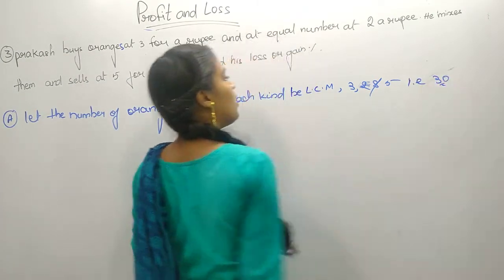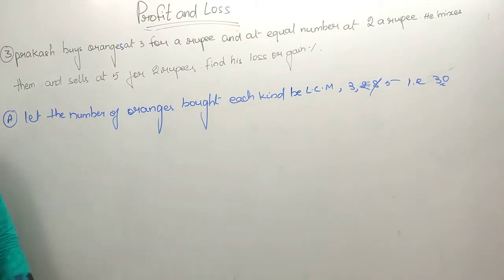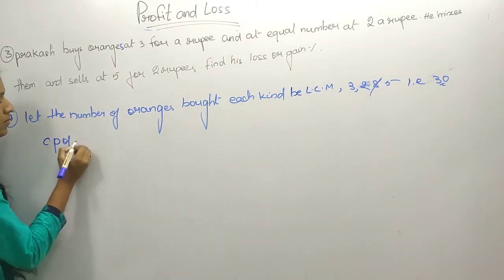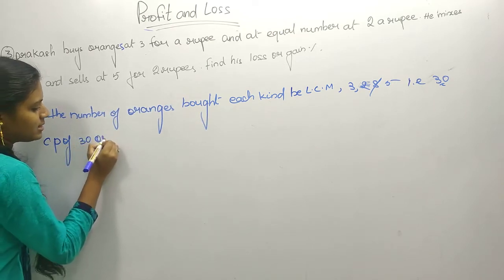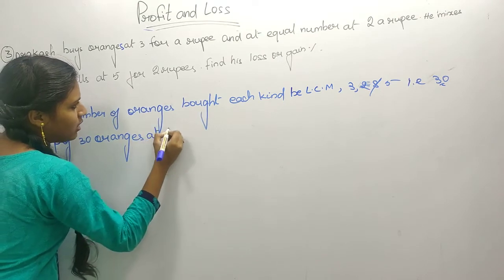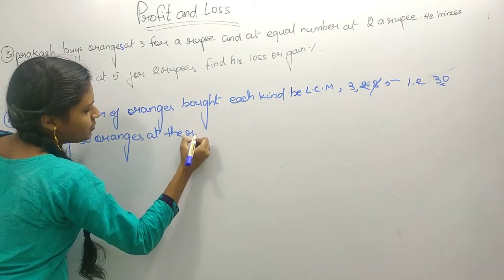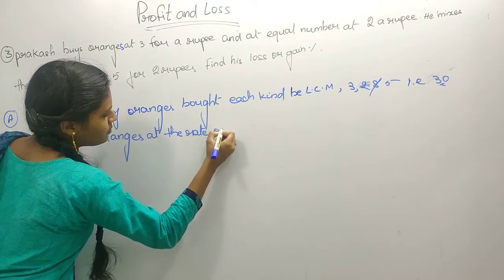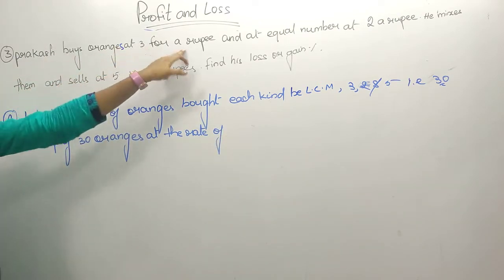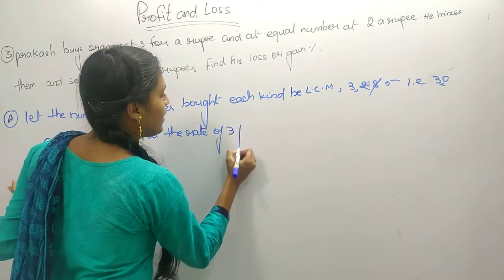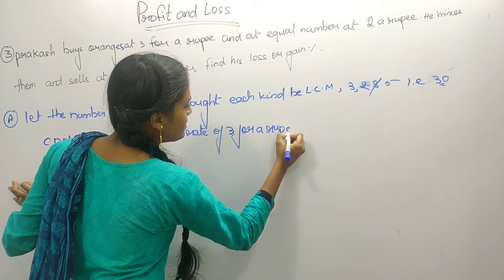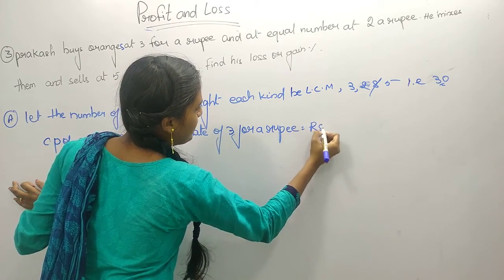LCM of 3, 2 and 5 is 30. Okay. Now the cost price of 30 oranges at the rate of how much? 3 for a rupee is given in the question. 3 for a rupee means the cost price of 30 oranges is rupees 10.